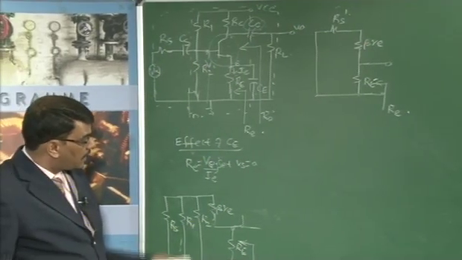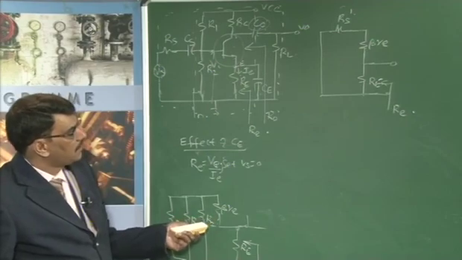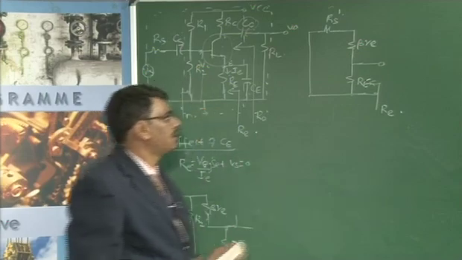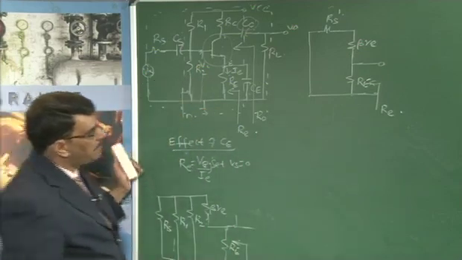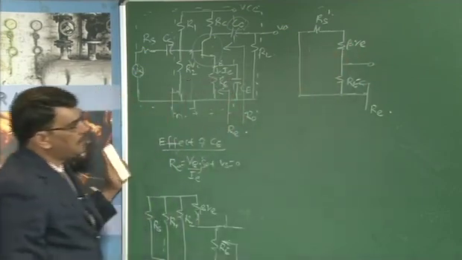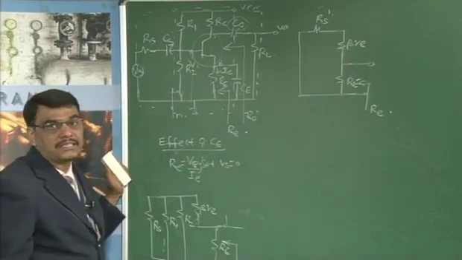Now, what is the current flowing? The next question is, can you guess what is the current flowing through this beta times r_e and what is the current flowing through this R_E? If you are observing this circuit, these two are connected in series, which means the same current is flowing through the circuit.